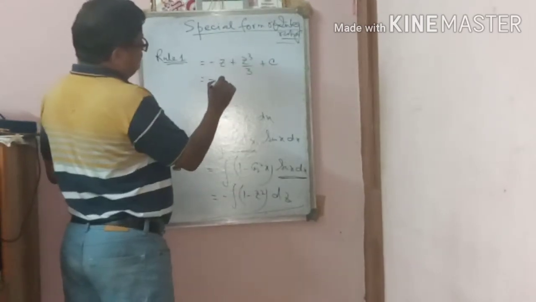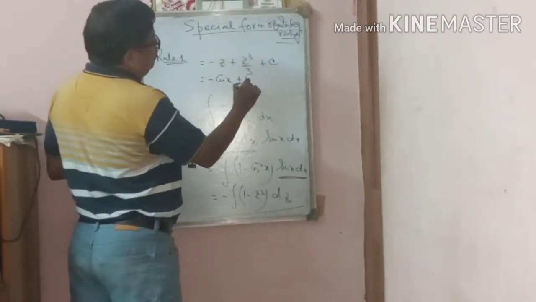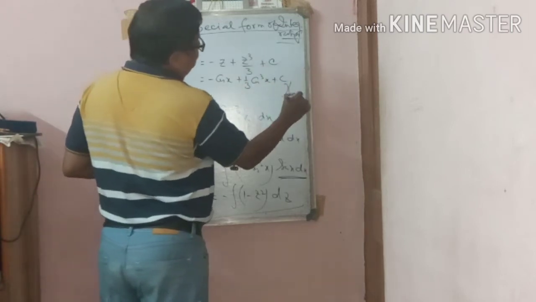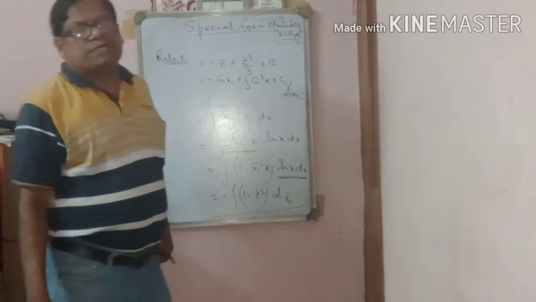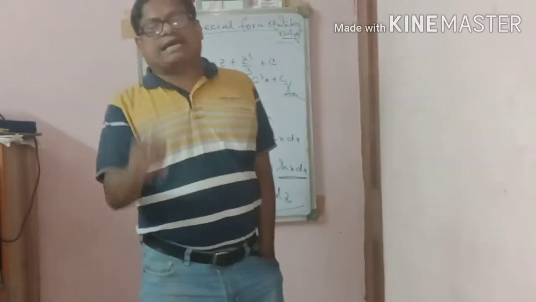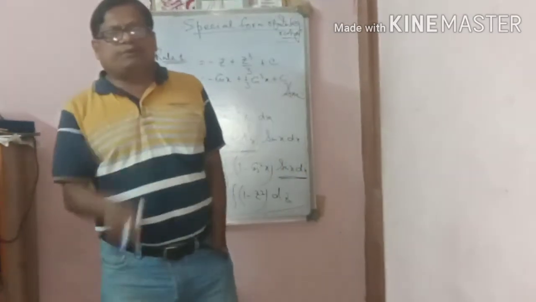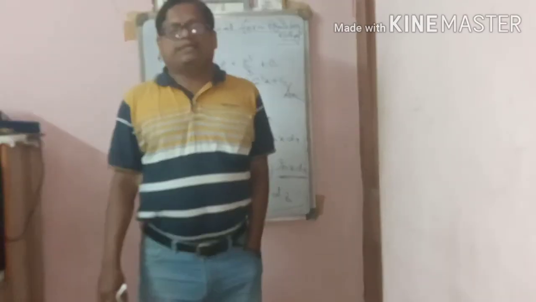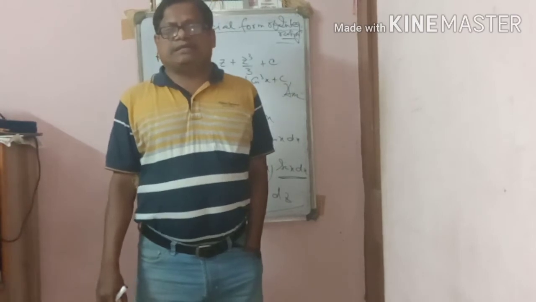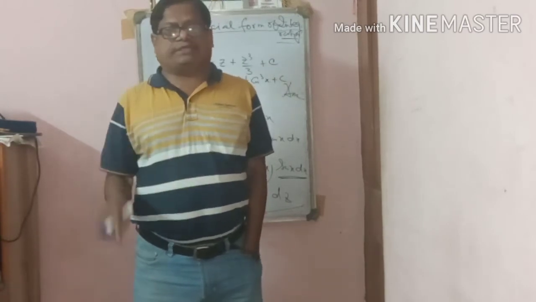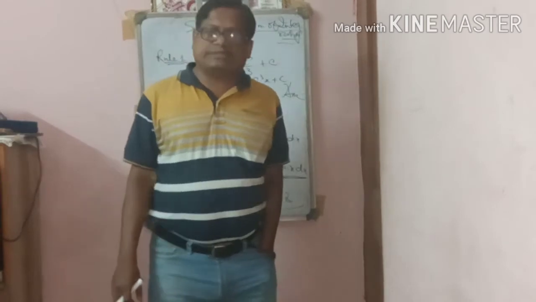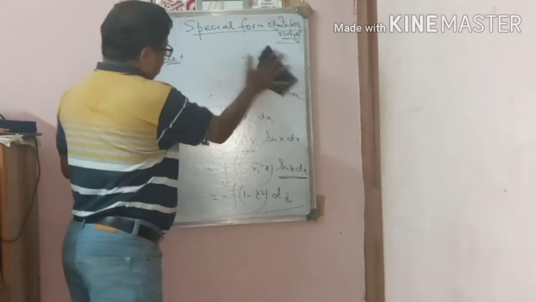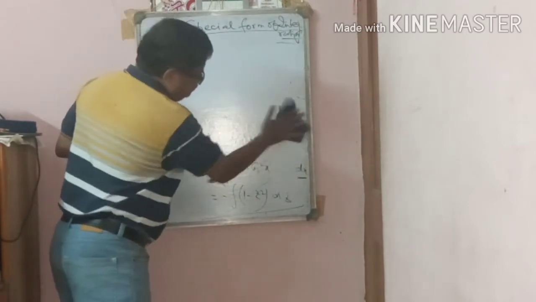So minus z will be minus cos x plus 1/3 cos cube x plus c. This is the answer. So keep in mind, if m is given as an odd number, then you put cos x equal to z. This is rule 1.